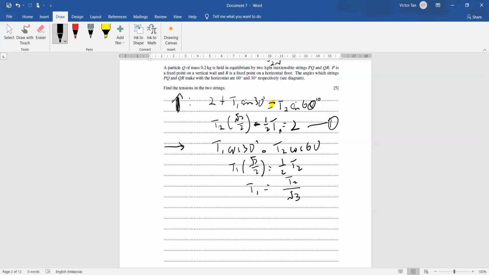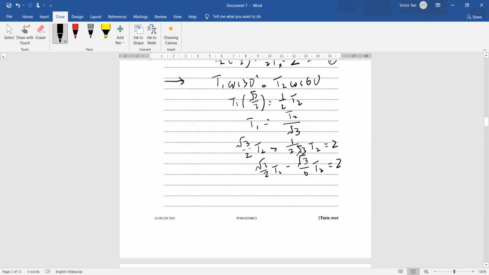Substituting in the first equation, you have root 3 over 2 T2 minus 1 over 2 root 3 T2 equals 2. 3 over 2 T2 minus root 3 over 3, root 3 over 2, 4, 2 root 3 over 3.